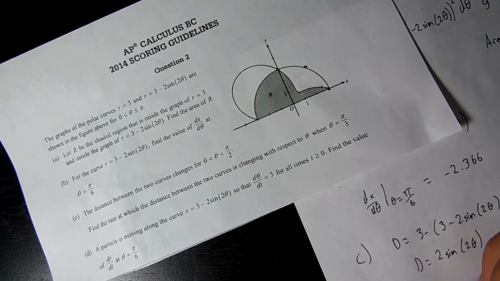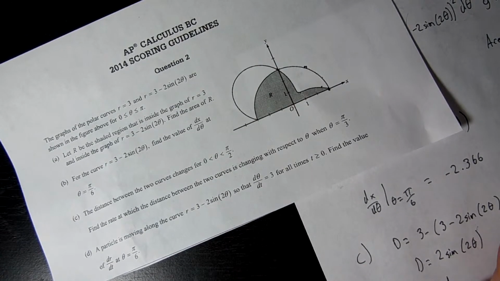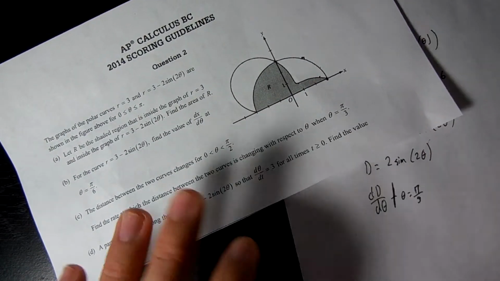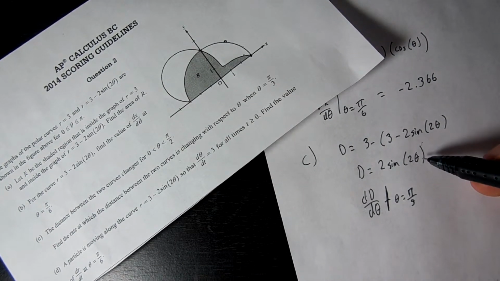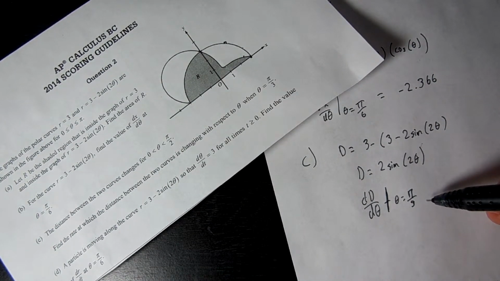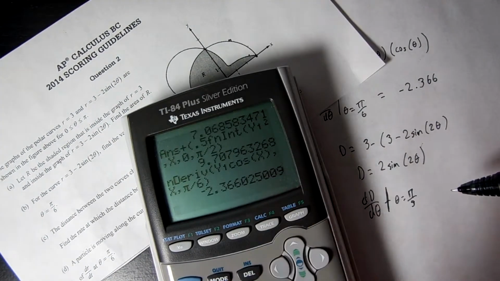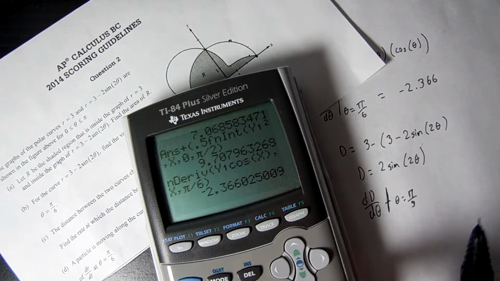And then it tells you to find the derivative when theta equals pi over 3. So plug in when theta equals pi over 3. So you found out what the distance was, then you take the derivative when theta equals pi over 3. Pull out that handy dandy calculator again.